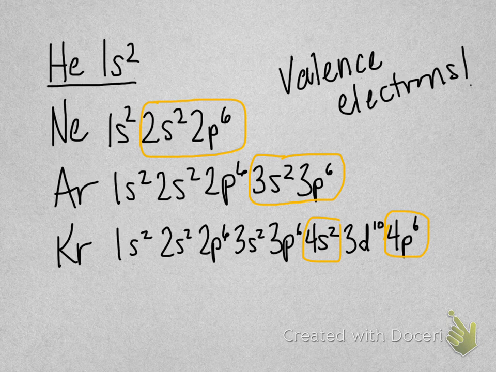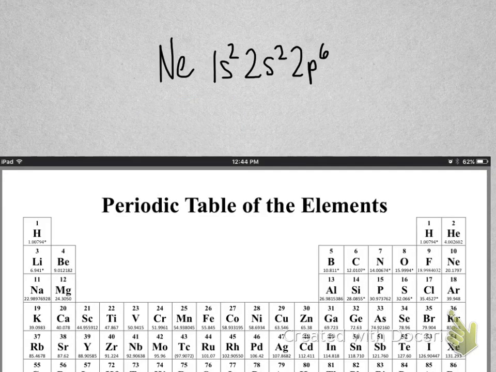Well, that's pretty cool, but how does that help us to write electron configurations for other elements without losing our minds? I'm glad you asked. So let's just locate neon on the periodic table real quickly. Here it is, and there's the electron configuration.